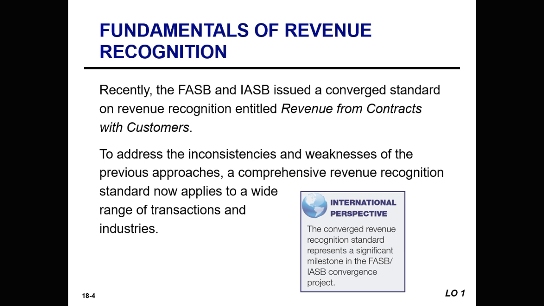No longer is it very specific to, say, maybe the hotel industry or the construction industry or the manufacturing industry. Now it goes across multiple industries and provides pretty definite and defined guidance in how we do this.